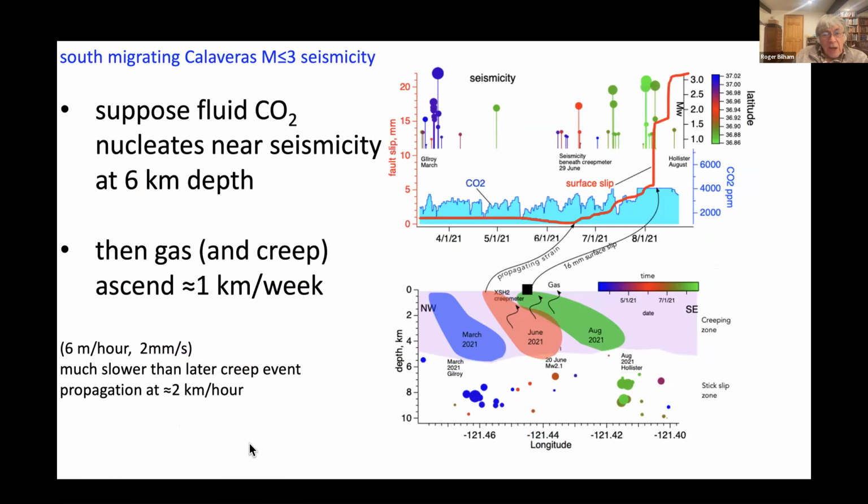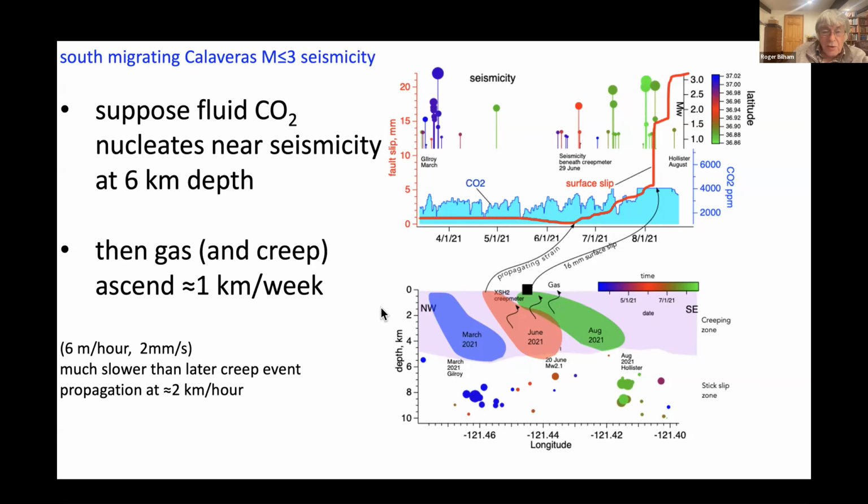How fast does gas come to the surface? One clue came from the Calaveras fault, where we have a creep meter overlying a bunch of microseismicity. The microseismicity went past, a creep event happened a few weeks later, and we hypothesized that the microseismicity in some way started gases rising from depths of around 5 kilometers, and they took about 5 weeks to get to the surface.